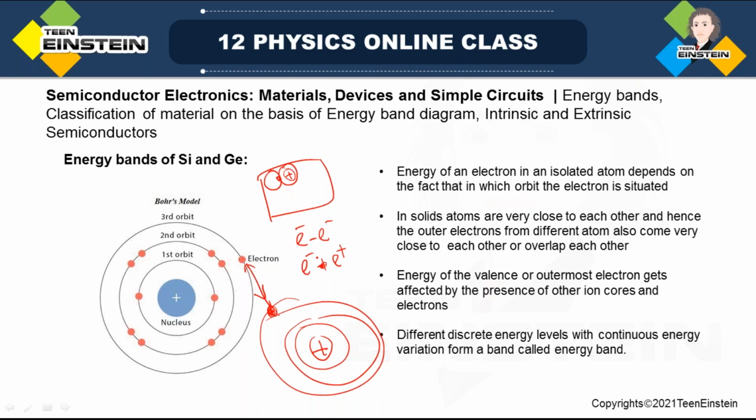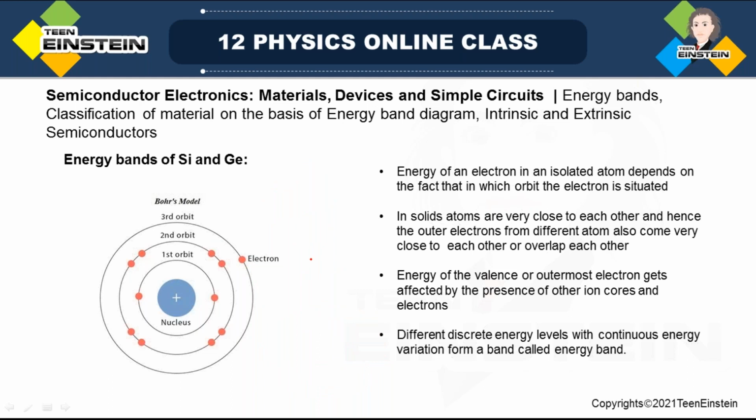When there are such interactions among the electrons or between electron and ion cores, then the energy of this outermost electron will be affected. And in the crystal, each electron will have a unique position.